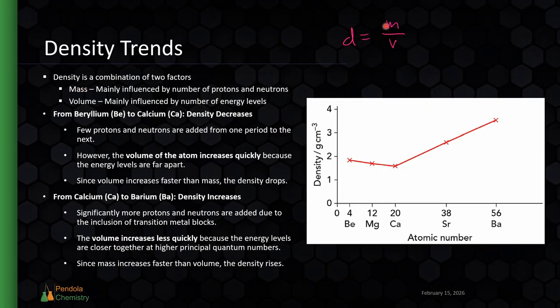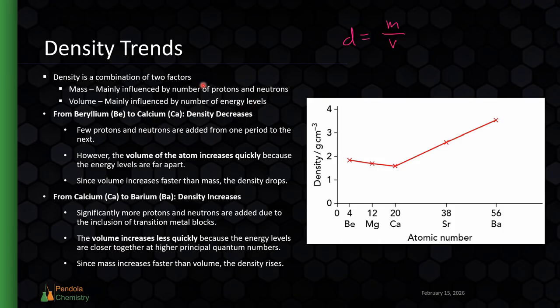The mass of an atom is mainly influenced by the number of protons and neutrons in that atom because remember, electrons are basically massless. Whereas the volume of an atom, the size, because realistically speaking those two words are basically interchangeable, is mainly influenced by the number of energy levels. The more energy levels we have, the bigger the ion is.